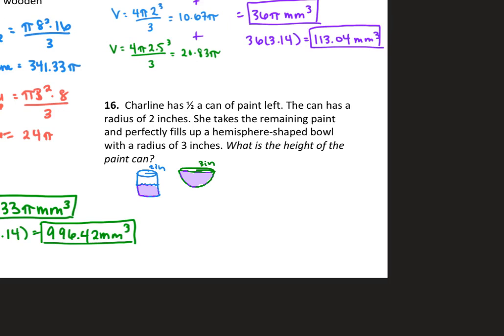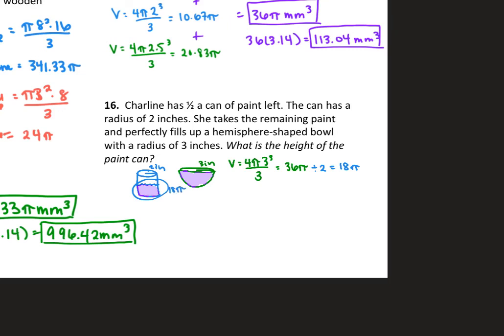So starting with the hemisphere, the volume is going to be 4 pi times the radius cubed divided by 3, which is 4 times 3 cubed divided by 3, which is 36 pi. But since it's a hemisphere, we're going to divide that by 2. And it's going to give us 18 pi. So that tells me that the volume of the paint in this can is 18 pi.